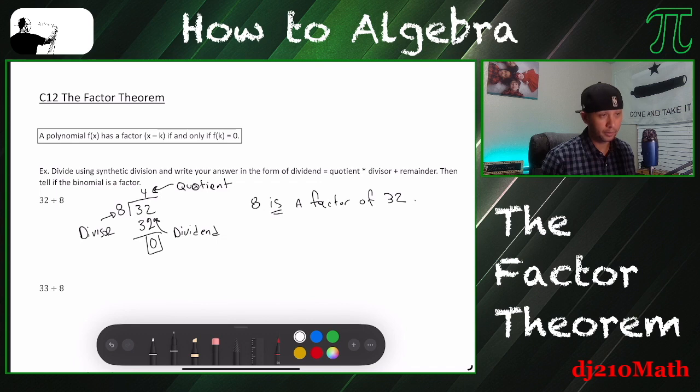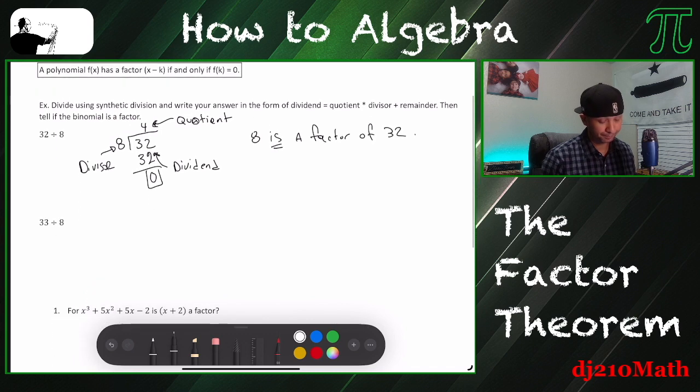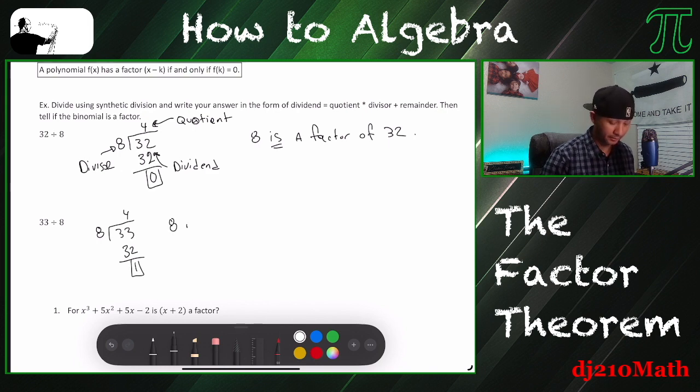Right, but we already knew this. If we try a different number, so 8 into, say, 33. Well, 8 definitely goes in at most 4 times, 32, with a remainder of 1. So because it's a remainder of 1, 8 is not a factor.